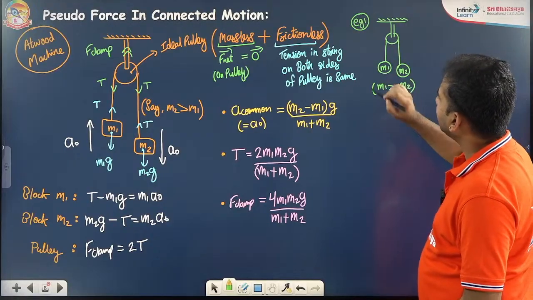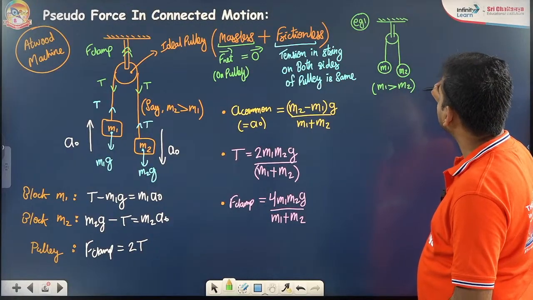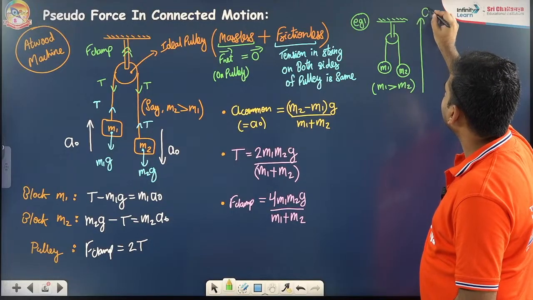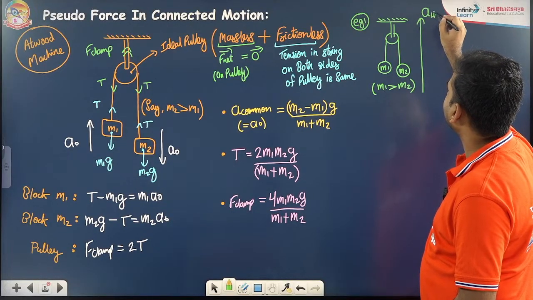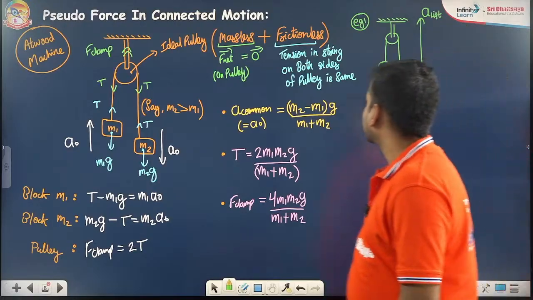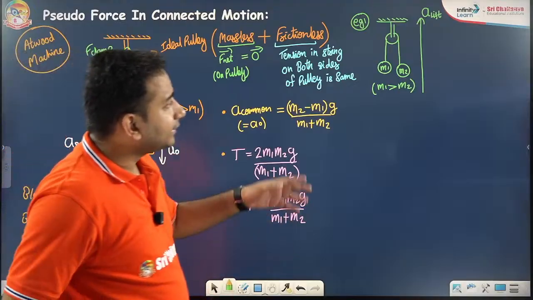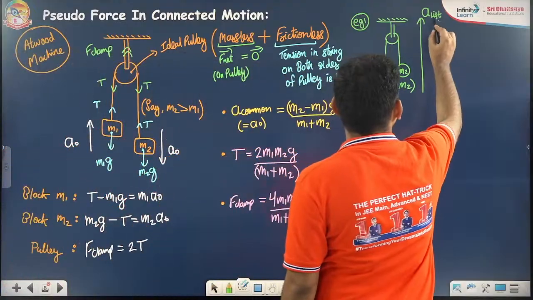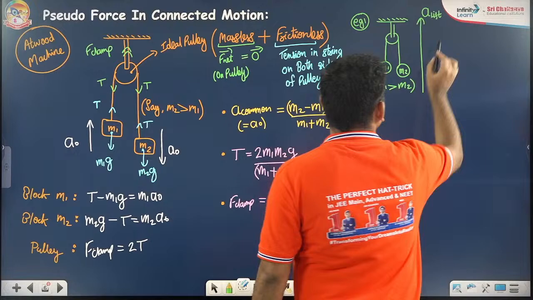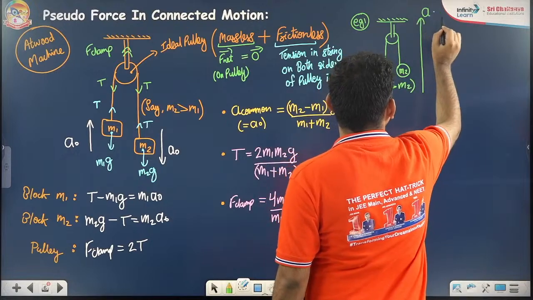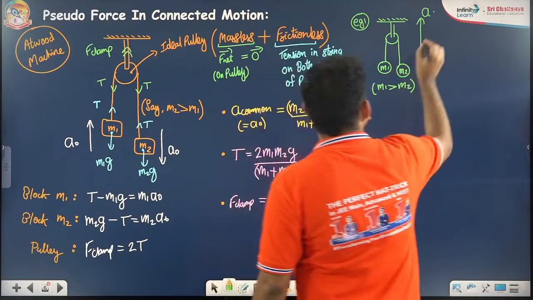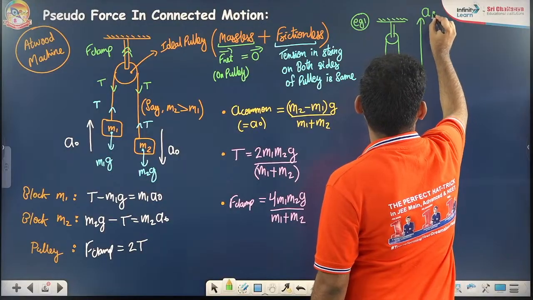And this is kept inside an elevator, and the entire system is accelerated up with acceleration A of lift, AL. This is kept inside an elevator or a lift, and the entire system is accelerated with AL. That is given to you.